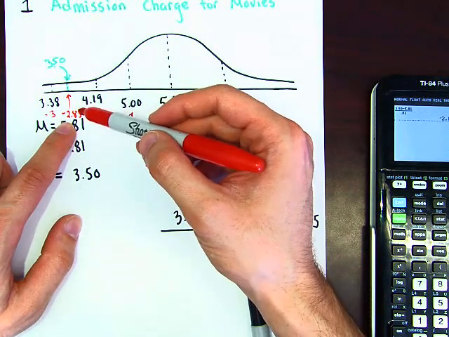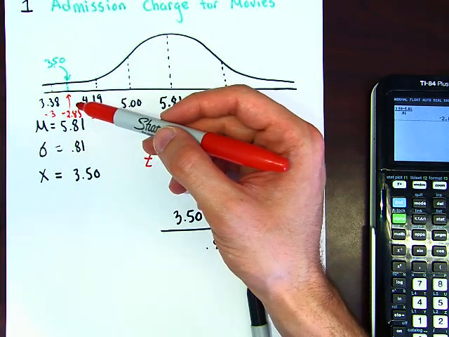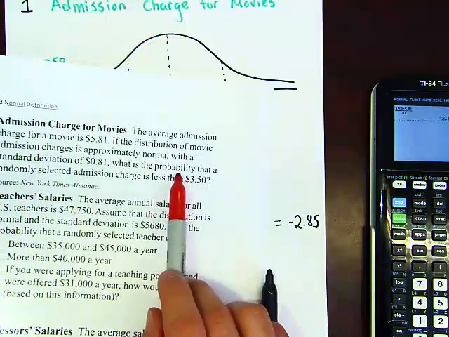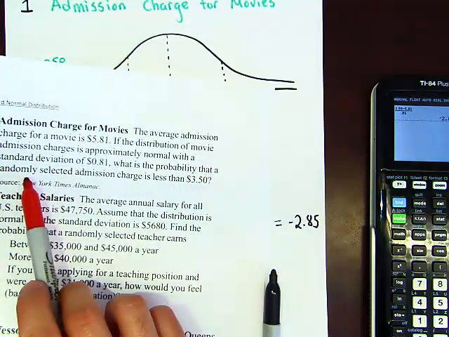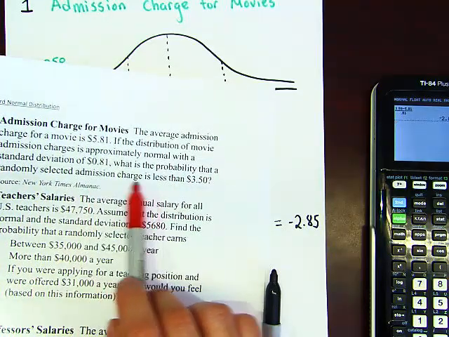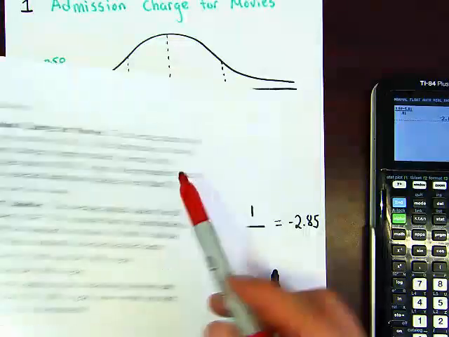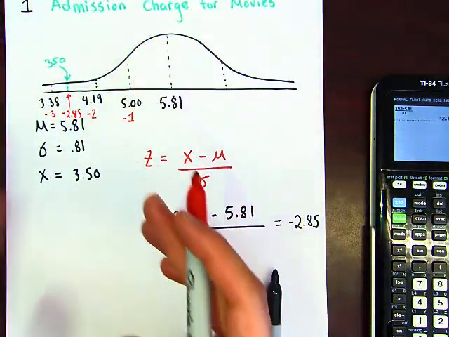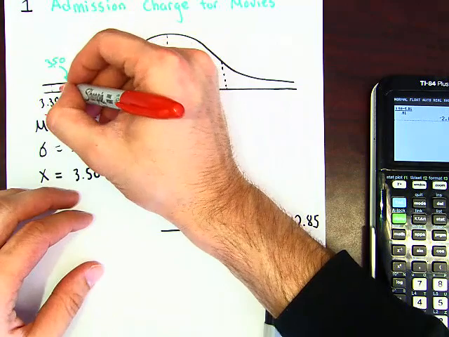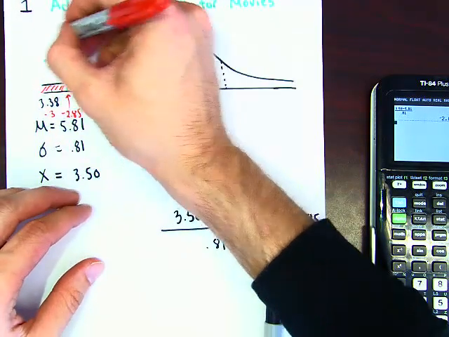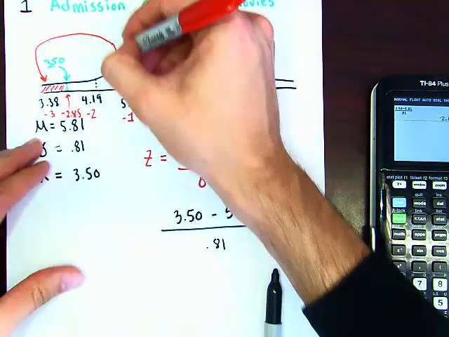But here, what's the question asking? We want to find the probability that a randomly selected admission charge is less than 3.50. So less than will show the area under here. That's the question we want to find.